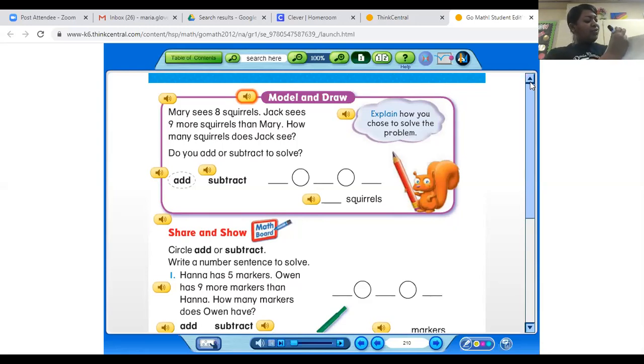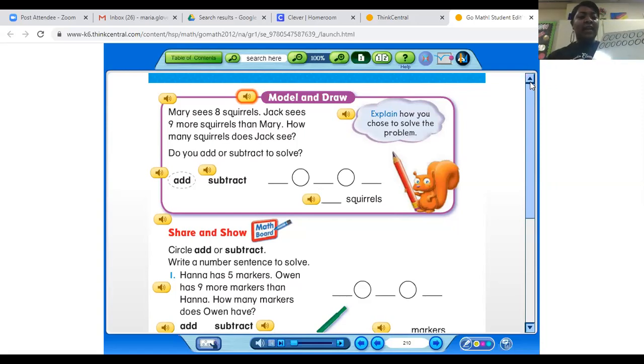1, 2, 3, 4, 5, 6, 7, 8. That's how many Mary sees, but Jack sees 8 plus the 9 because he sees 9 more than Mary. So let's draw 9. So how many squirrels does Jack see?